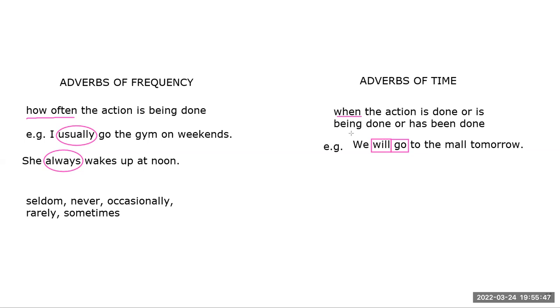And then we answer the question when. We will go to the mall tomorrow. So tomorrow will be our adverb of time, right? So see how it's different from the adverb of frequency.